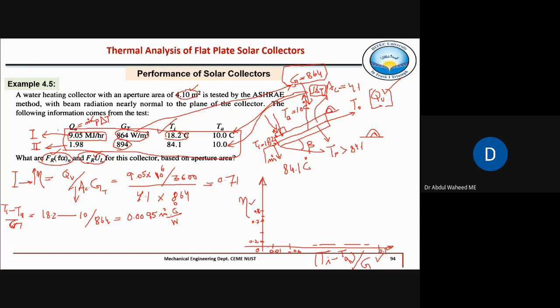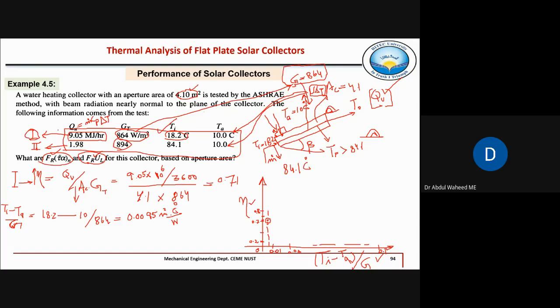So 0.0095 is somewhere here, corresponding to this one. This is our data from the first measurement. That is something which we have shown.